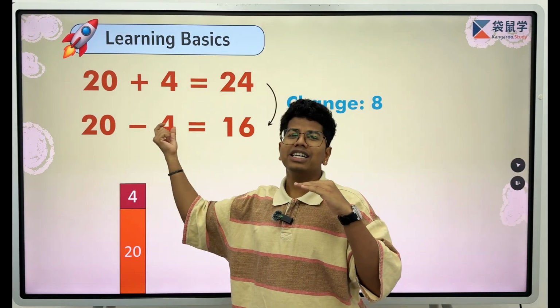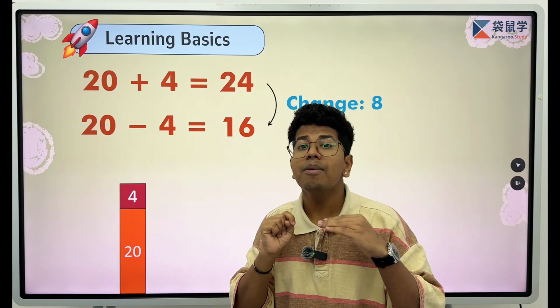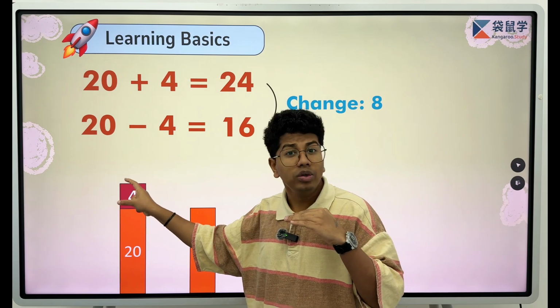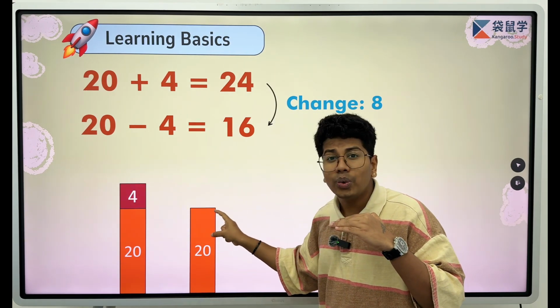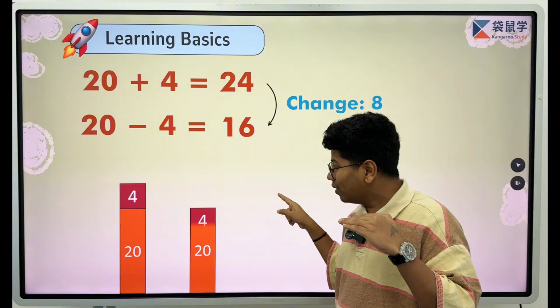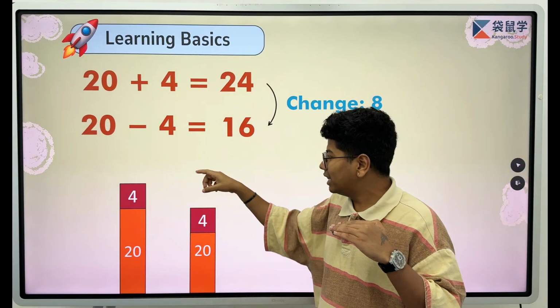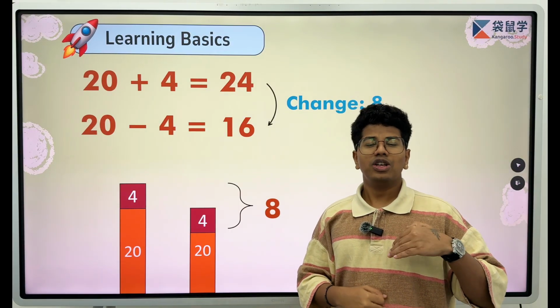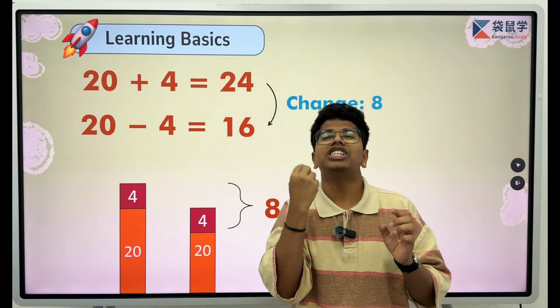Now 20 minus 4 means what? I am losing this 4 and also I am losing the 4 from this 20. So this is the reason why the total change is 8. So what happens when we change a sign?